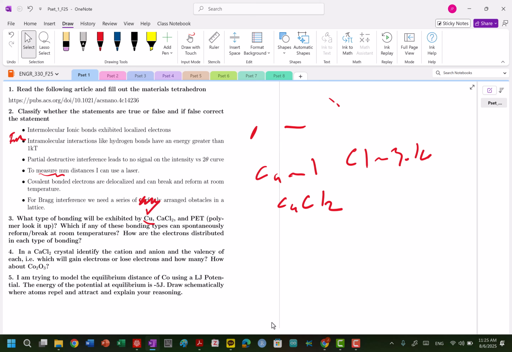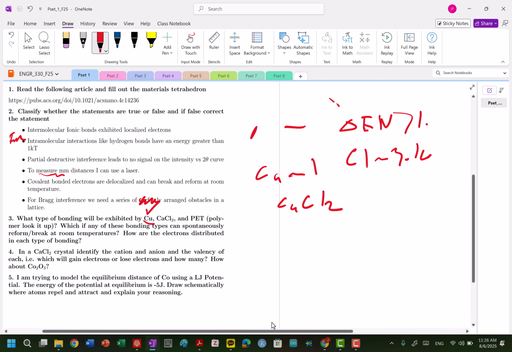We have determined in this class that if something is ionically bonding, the difference in electronegativity needs to be greater than 1.7. 3.16 minus 1 is 2.16, so it's definitely an ionic bond.